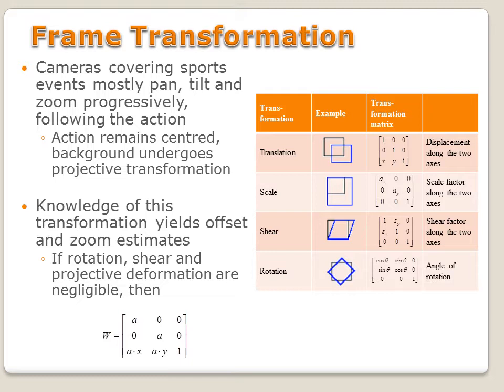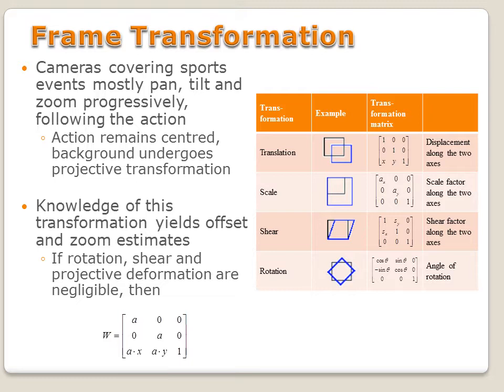Cameras covering sports events mostly pan, tilt and zoom progressively in order to follow the action. The action thus remains centered, while the background undergoes projective transformation. Knowledge of this projective transformation between successive frames yields offset and zoom estimates.